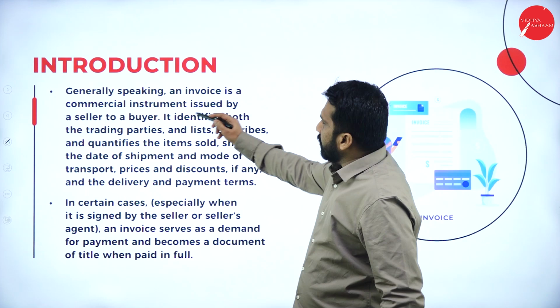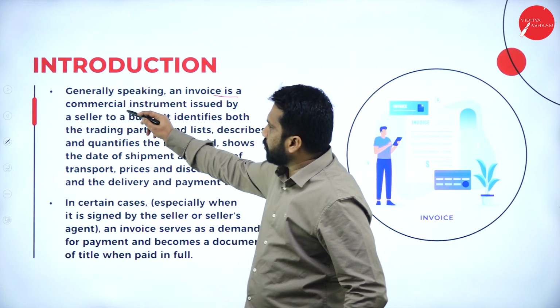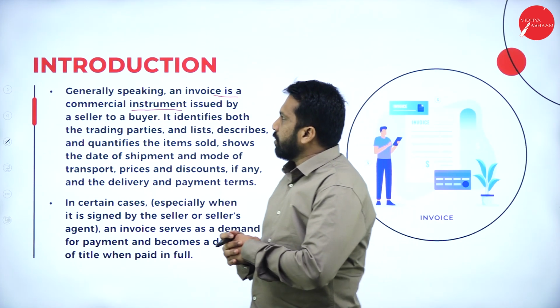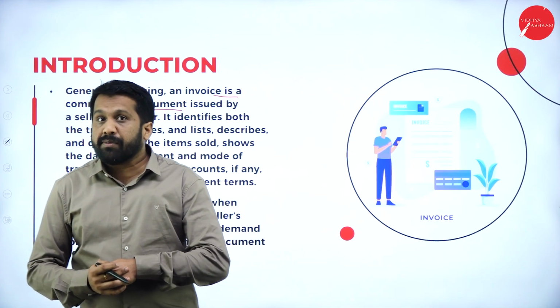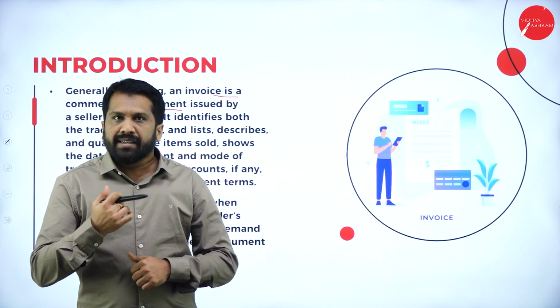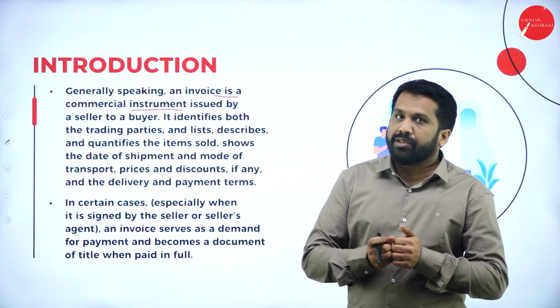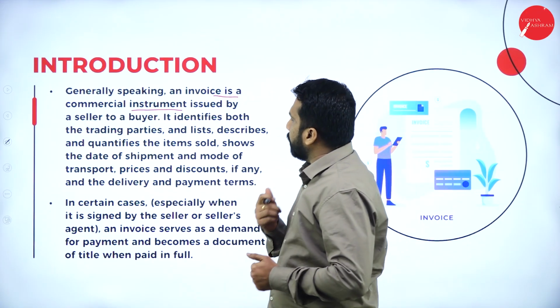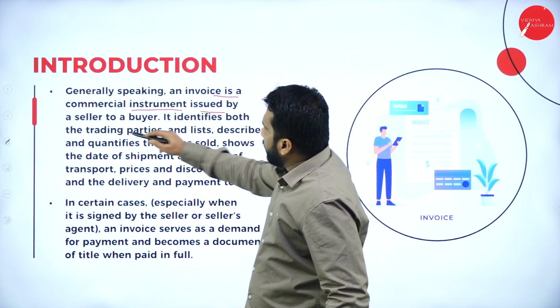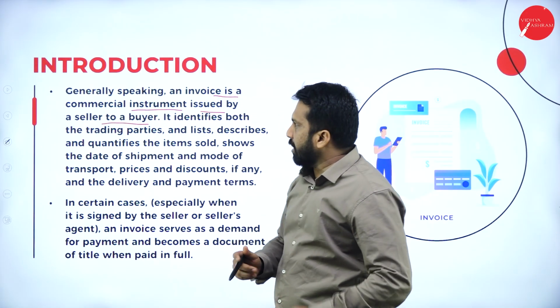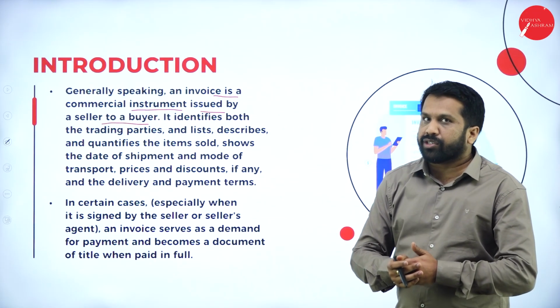Generally speaking, invoice is a commercial instrument. Why do we call it a commercial instrument? Everybody works for what? Money. Now, if you provide invoice, if you give bill, then you will get back your money. It is issued by a seller to the buyer. Usually the invoice is given by whom? Seller. To whom?